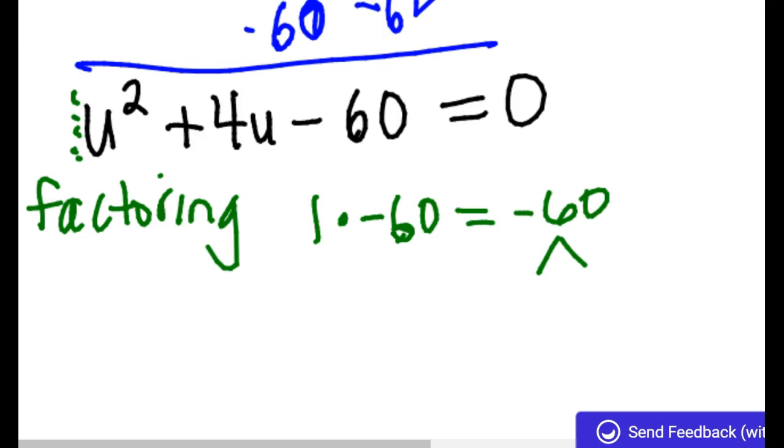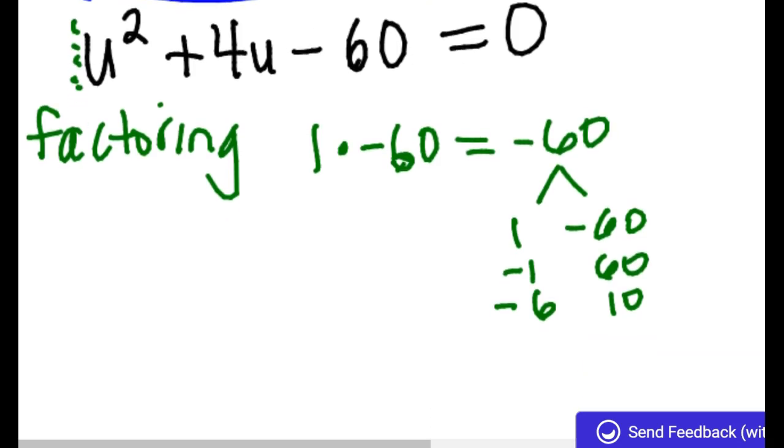The factors of negative 60 are 1 and negative 60, negative 1 and 60, negative 6 and positive 10, positive 6 and negative 10, and we could keep going, but hopefully now you see which pair will work.